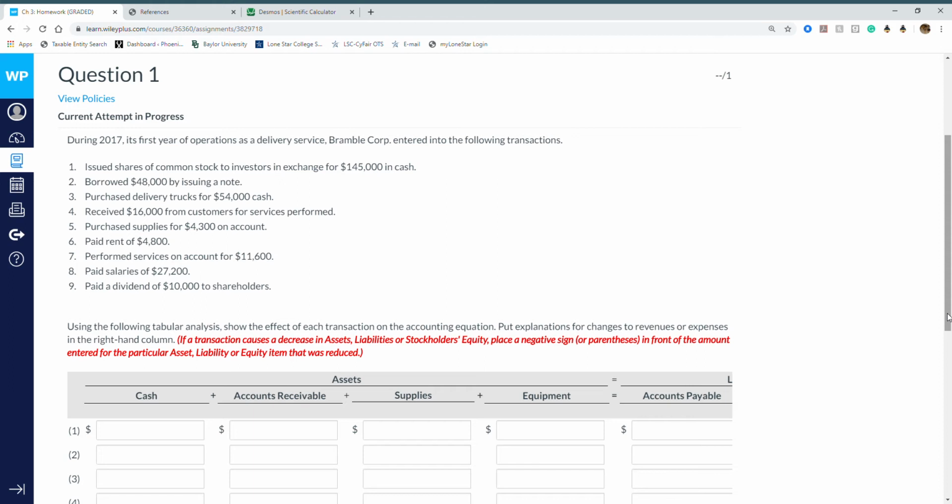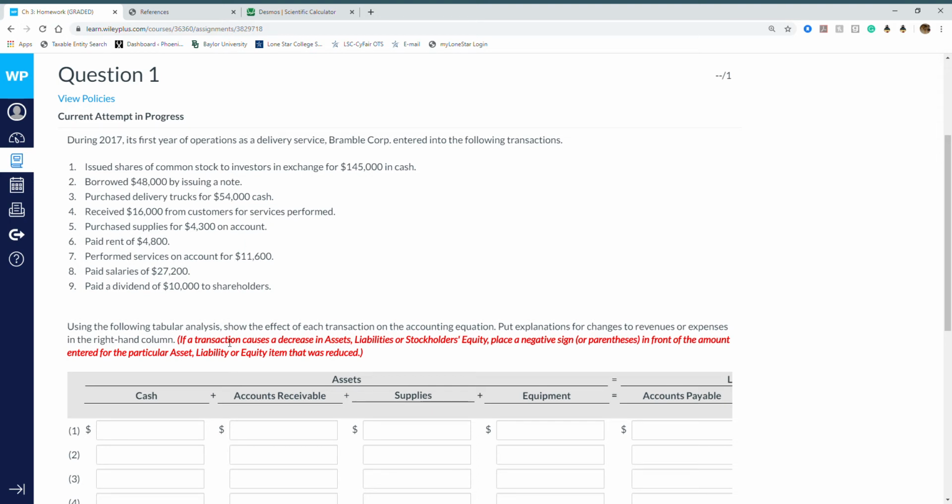For this, we're going to get into our analysis of our transactions and piece together each of these transactions and what's going on with them, according to the way the book does. Now, we have 9 transactions on this first one.